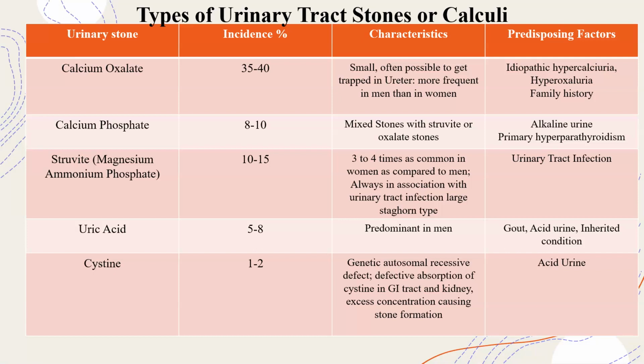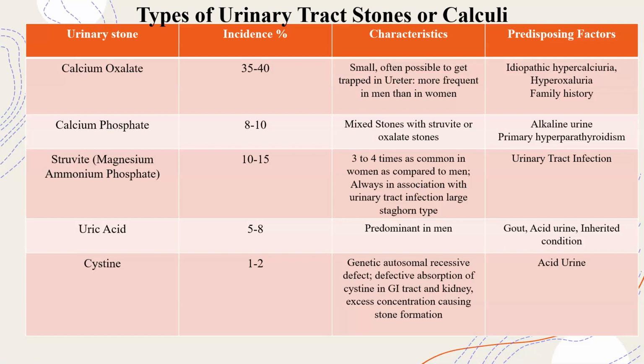Incidence is 10 to 15%, and it is 3 to 4 times as common in women as compared to men. It is always in association with urinary tract infection and is of the large staghorn type. The predisposing factor is recurrent urinary tract infection.